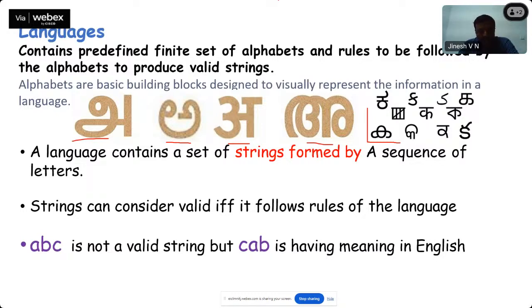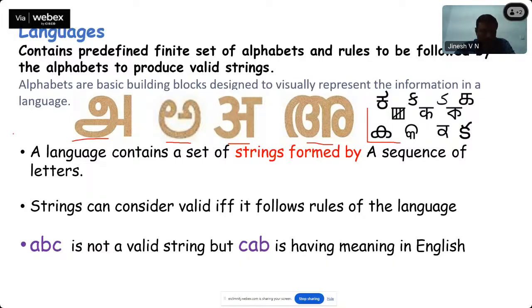To get a meaningful sentence, we should follow specific rules and regulations on the combinations or permutations used to create the string. For example, you can see here ABC, where all three letters are from the English language.